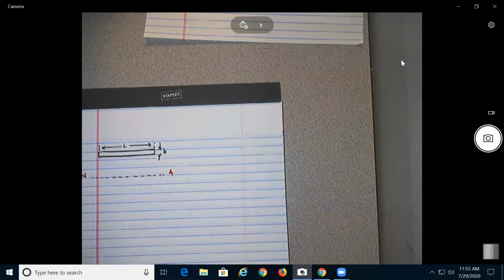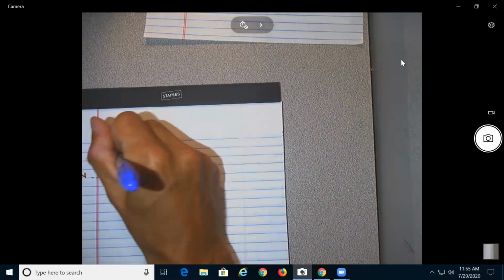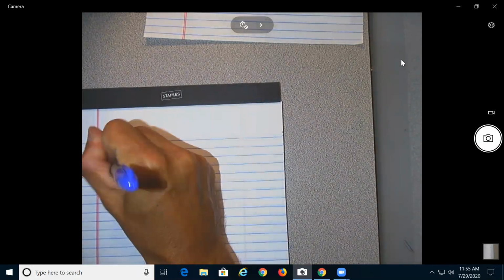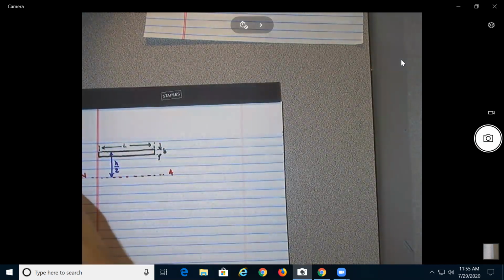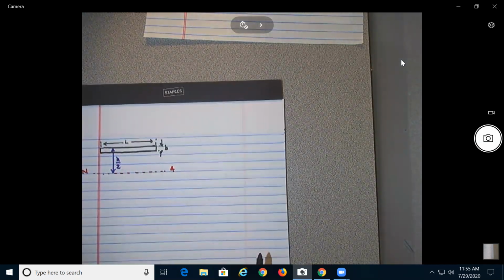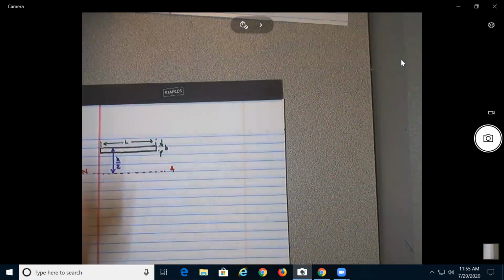Neutral axis, and we say that distance here will be H over 2. So how do we call it on the previous figure? This will be like the real member.